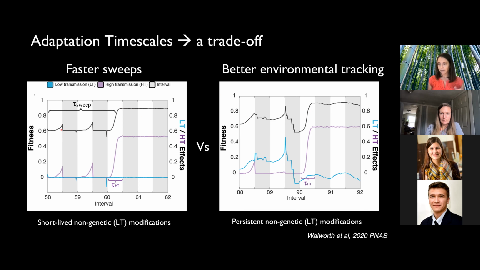But the variability between fluctuations was fairly low. And once we added in these persistent non-genetic modifications, we saw much better environmental tracking. So when the population moved to the new environment, they were able to be more fit more quickly. But it came at the trade-off of a longer time to fix a positive genetic modification.